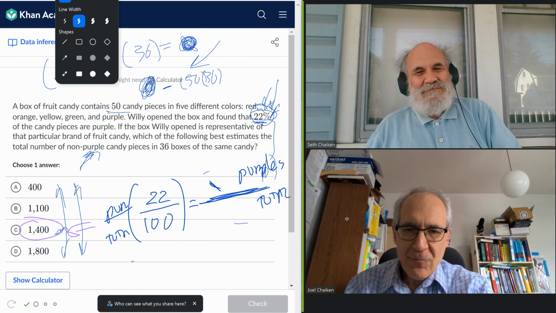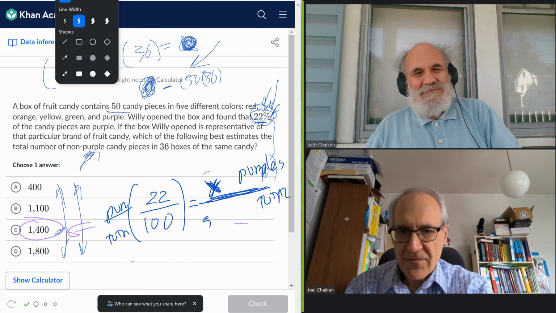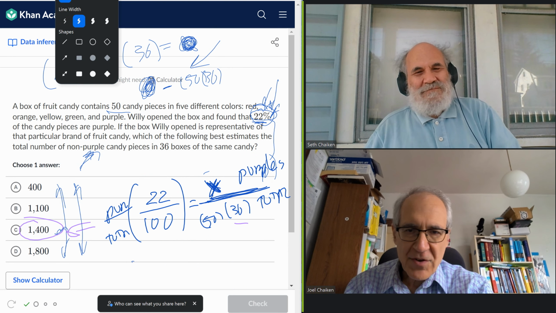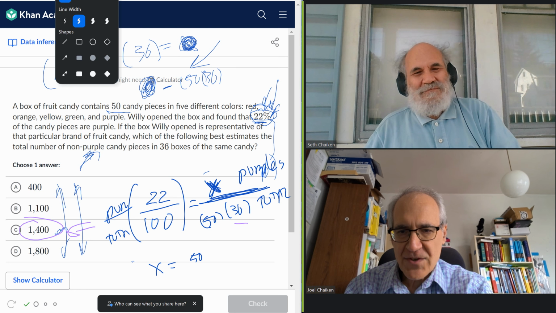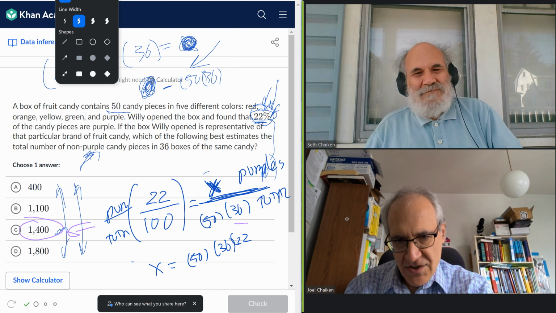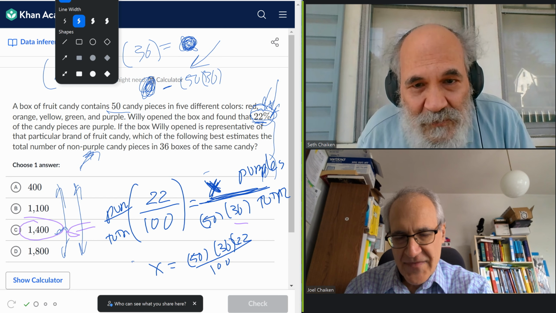Say you want to know how many purples there are. There are X purples, and the total number is 50 times 36. So you can make a proportion: X is equal to 50 times 36 times 22 divided by 100. And that's how many purples.